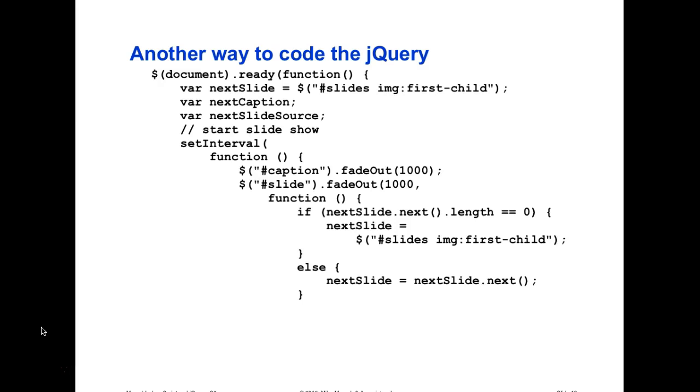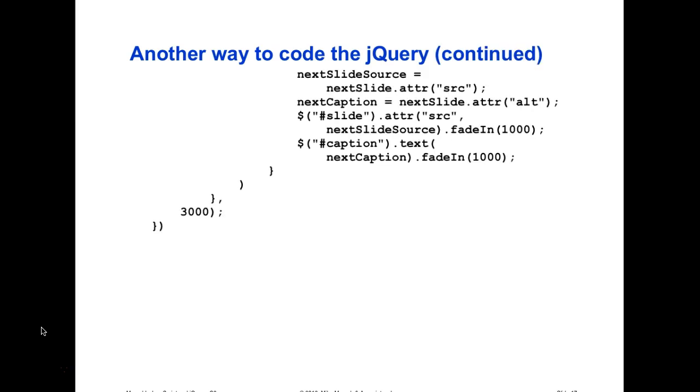That just means that there's nothing at the end. Otherwise, next slide equals next slide next. So we're testing to see if there is a next slide, and if there isn't, if the length is 0, then the next slide is that very first slide. Otherwise, simply make the next slide the very next slide or next element sibling of those slides.